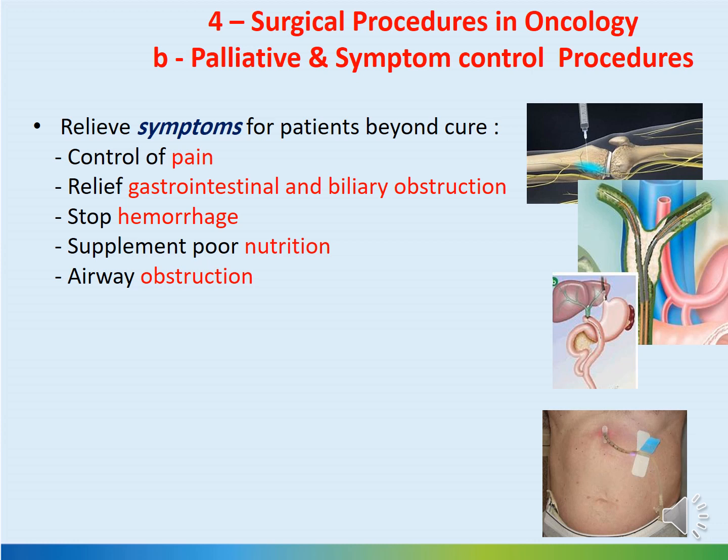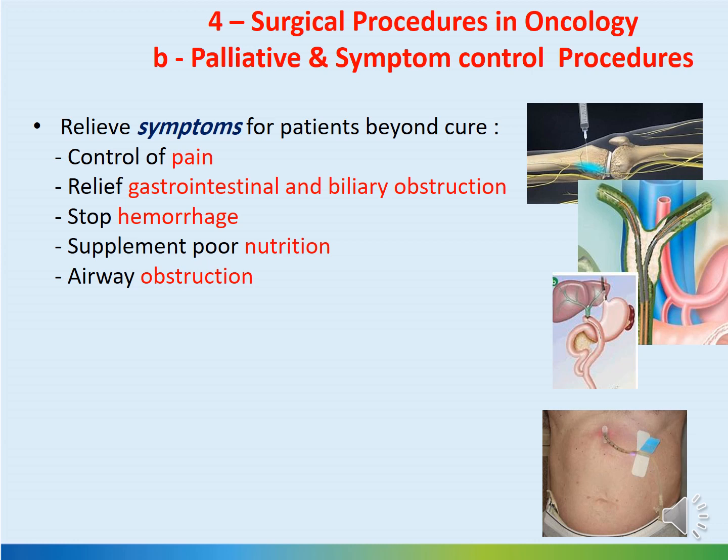You know, sometimes in advanced cancer, a patient can develop severe pain. Sometimes we can see gastrointestinal obstruction or biliary obstruction due to the cancer. Sometimes the primary tumor can cause severe hemorrhage, can cause poor nutrition.